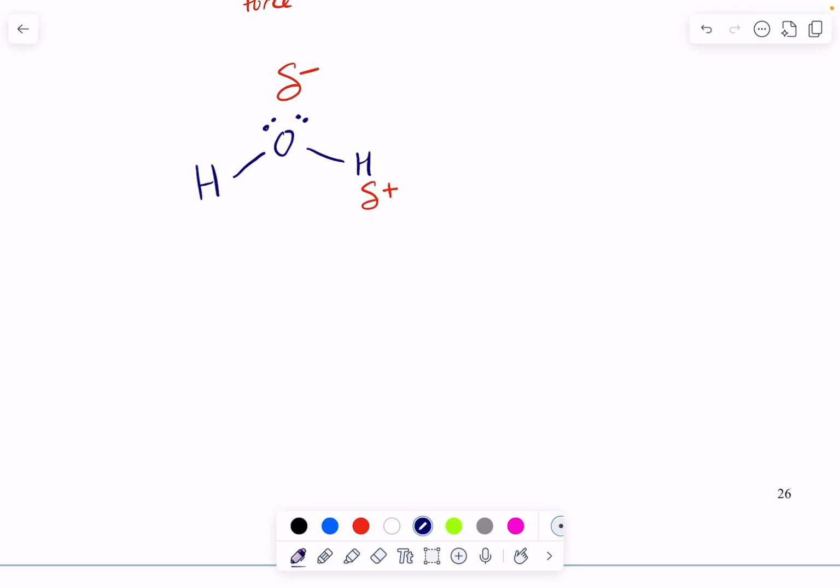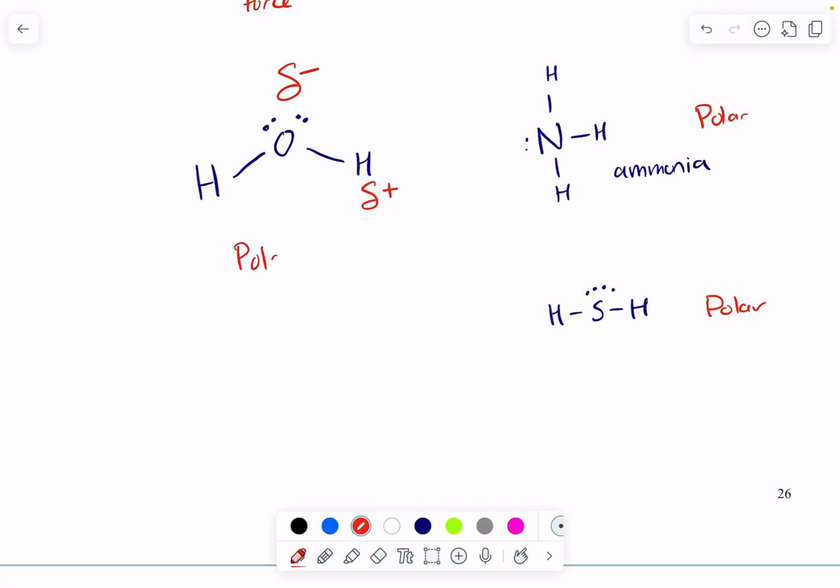So you could have two scenarios, and I'm just going to make up some molecules. We could have nitrogen that has some hydrogens, maybe like ammonia. We'll do that. And we could compare that to something like H2S. Both of these are polar molecules. And because water is polar, if you use the idea of like dissolves like, you would say, oh, they should all dissolve in water.